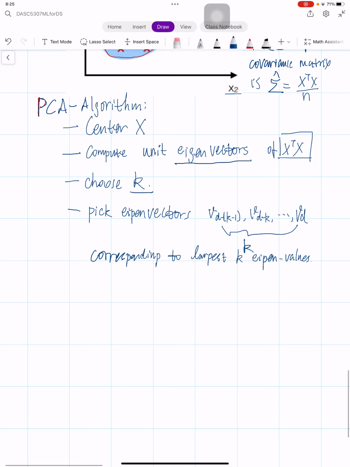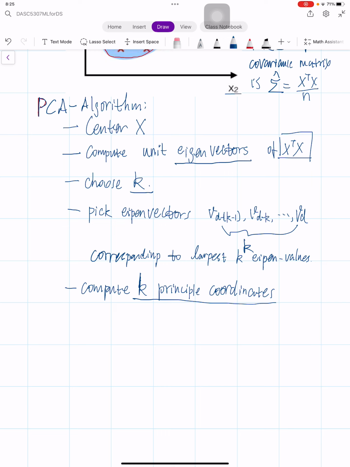Okay, and then you compute the k principal coordinates. That's the projection of all points to the lower dimensions.